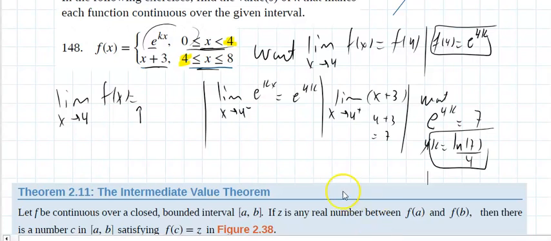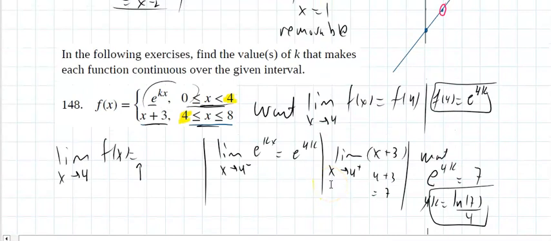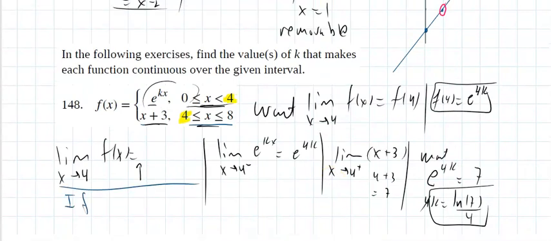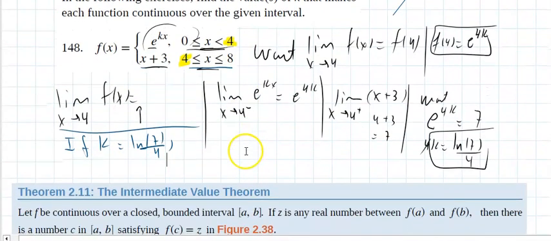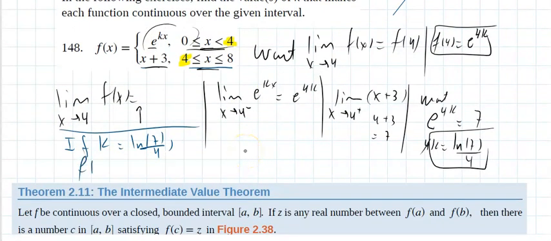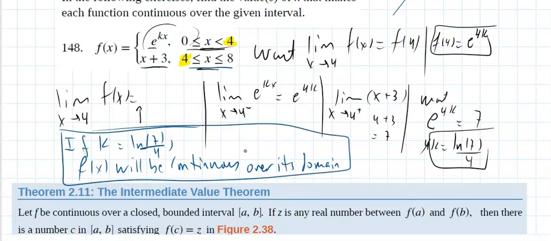So when they say, for what value of k, we say, if k equals natural log of 7 divided by 4, f will be continuous over its domain. And that's it. That's really what you have to show.